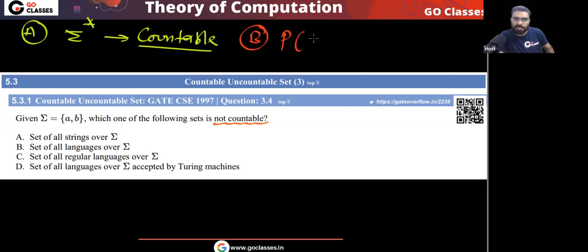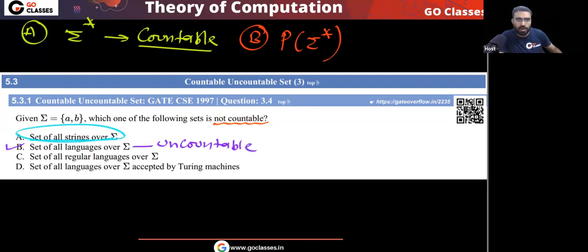Option B is the power set of sigma star, the set of all languages. That is uncountable. So remember, this is your answer, because this is uncountable. Option A is sigma star, which is countable. But the set of all languages, that is the power set of sigma star, is uncountable.